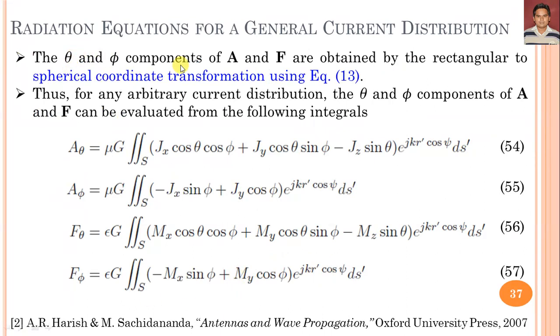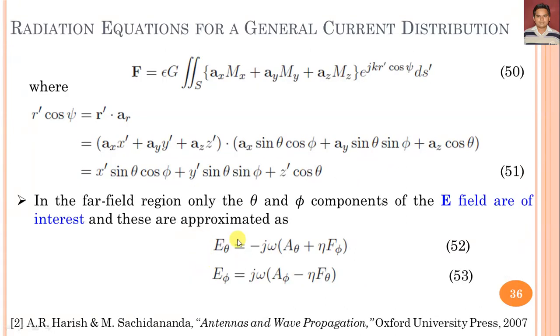So the theta and phi components of A and of F are obtained by rectangular to spherical coordinate transformation, as we have discussed in equation 13 of lecture 3 of the aperture antenna series. Then we can get the value of vector potential functions A and F in the form of A theta, A phi, F theta and F phi, because they are required to calculate the E theta and E phi components, as you can see in equations 52 and 53.